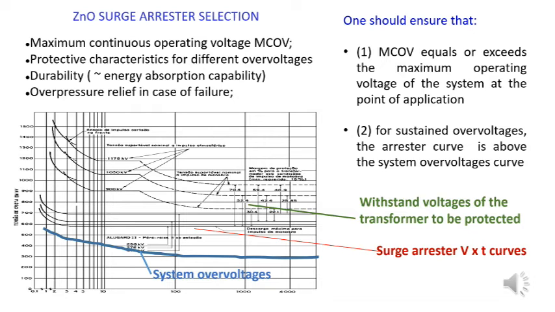And if we take a look at this figure, in the left bottom side, we show here in a stylized way the curves representing the overvoltages which occur in the system, the long duration and short duration ones.